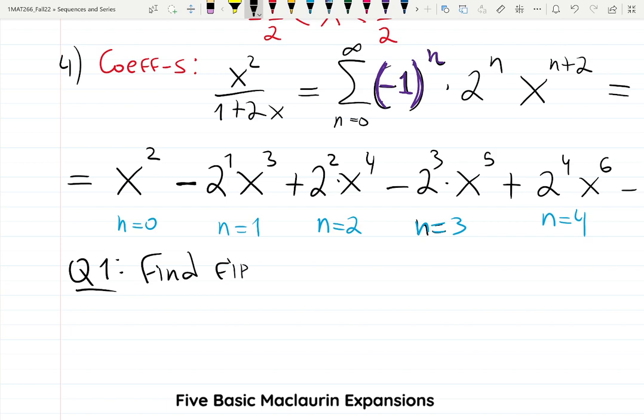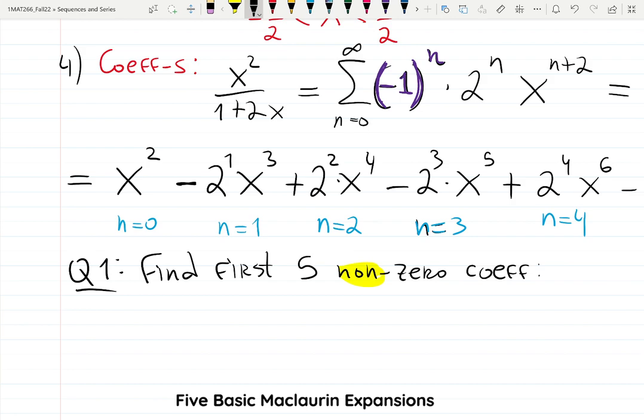Find first 5 non-zero coefficients. C-O-E-F-F, coefficients. Non-zero means the computer wants to know where the input actually makes a difference. If it's times 0, it means there's nothing there.